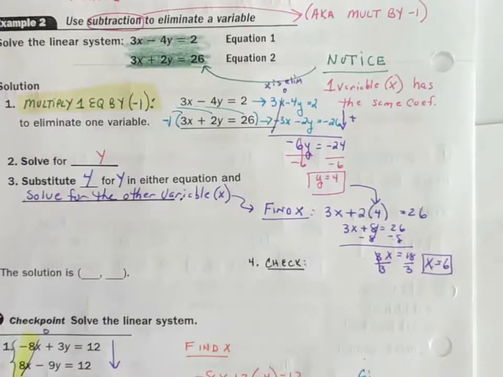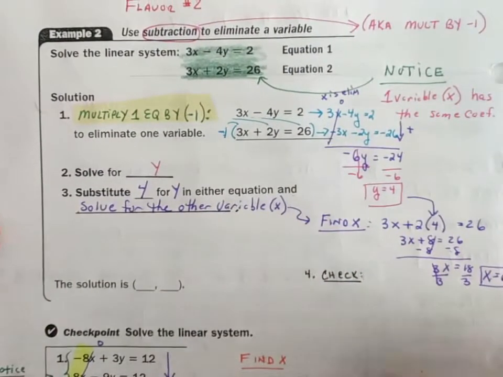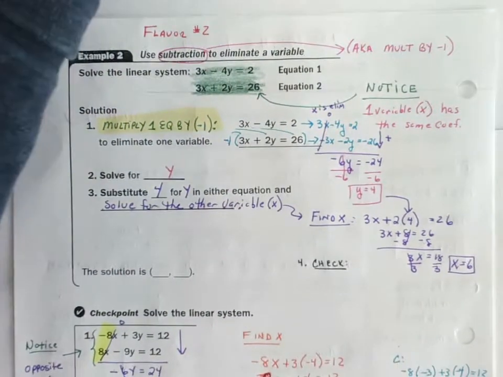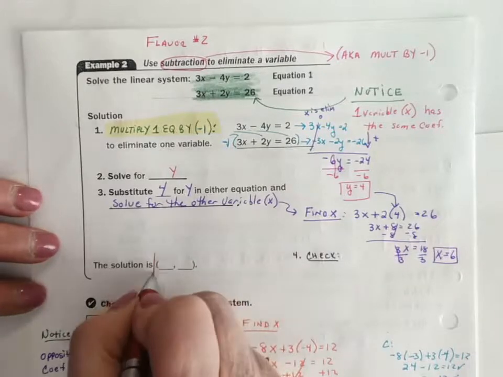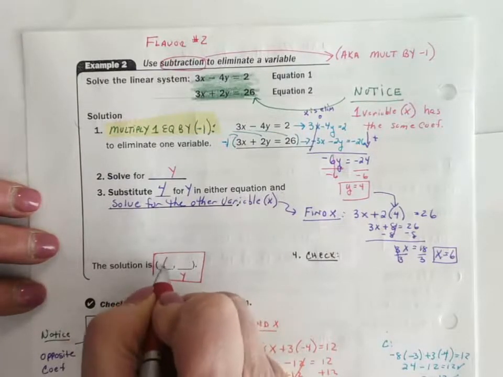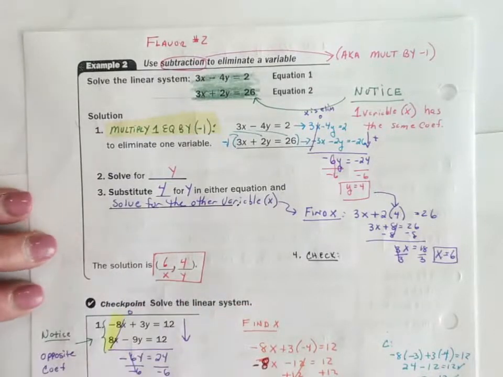So our solution, x is 6, y is 4. If we were to write it as an ordered pair, x, y, it's 6, comma, 4.